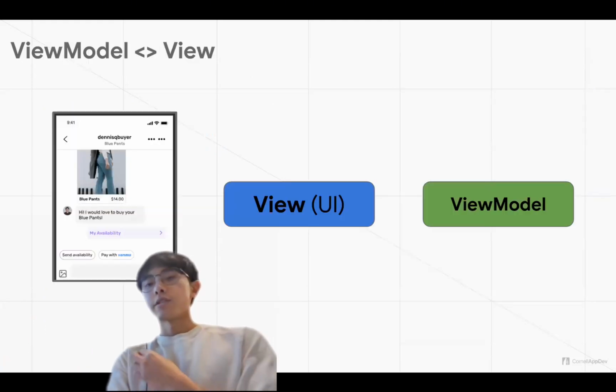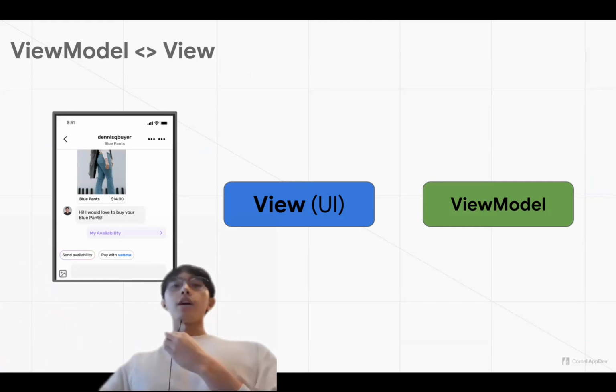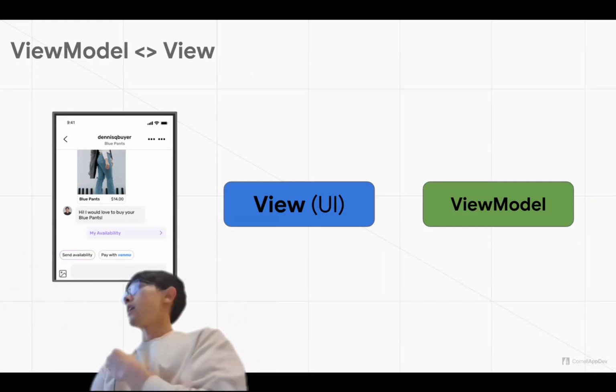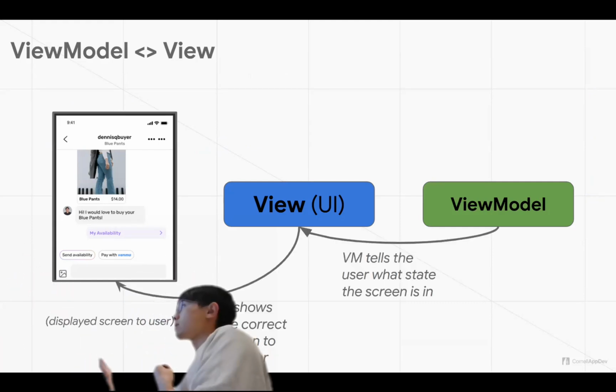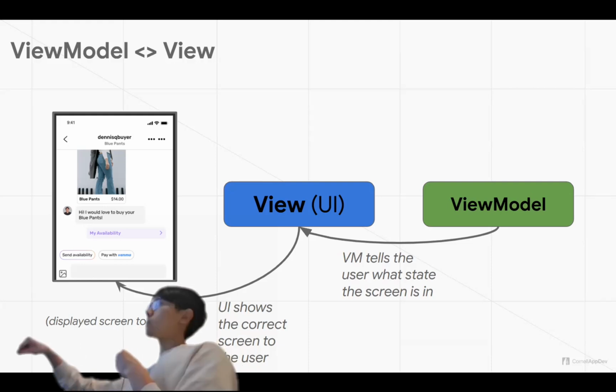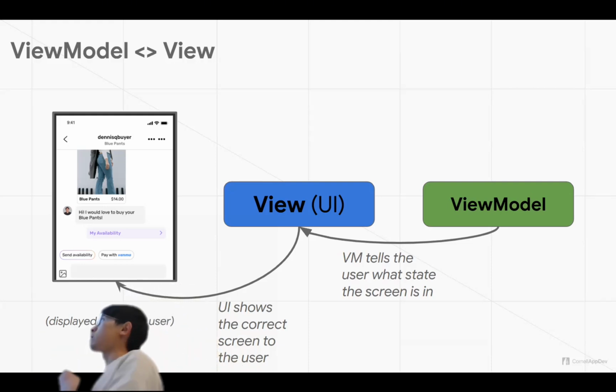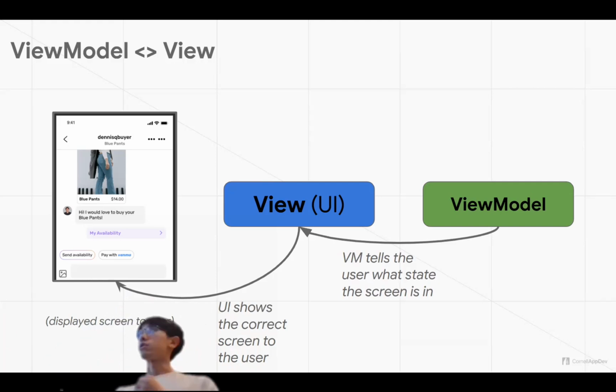And so, as a bit of a recap of how these two pieces, or I guess three if you count the user screen, what the user is actually seeing, interact: in the downward direction, at every point in the app lifecycle, the view model will give the view all of the state that it needs to determine what state the screen is in, all of the data that the screen needs to show.